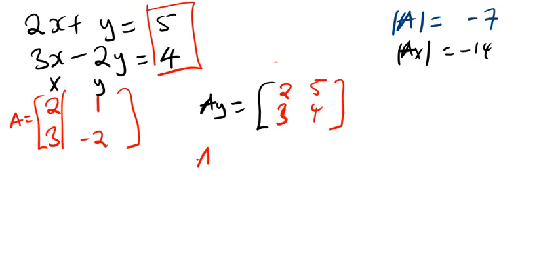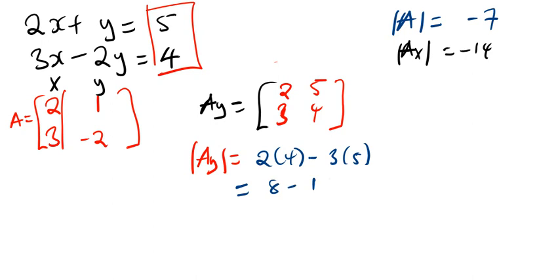AY in the modulus becomes 2 times 4 minus 3 times 5. So 2 times 4 is 8 minus 15. So 8 minus 15 is negative 7, meaning that the determinant of AY is negative 7.